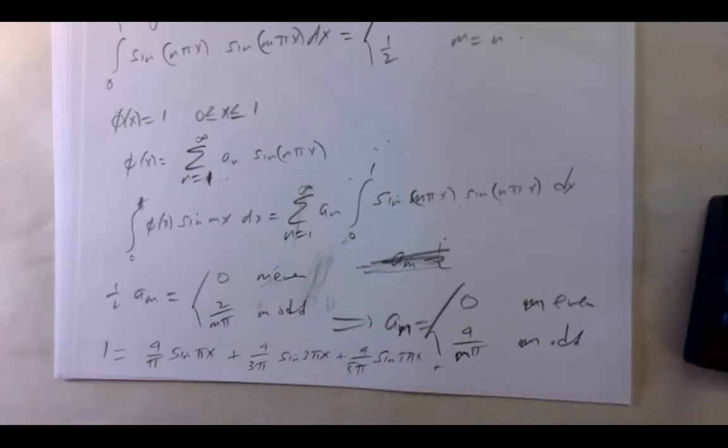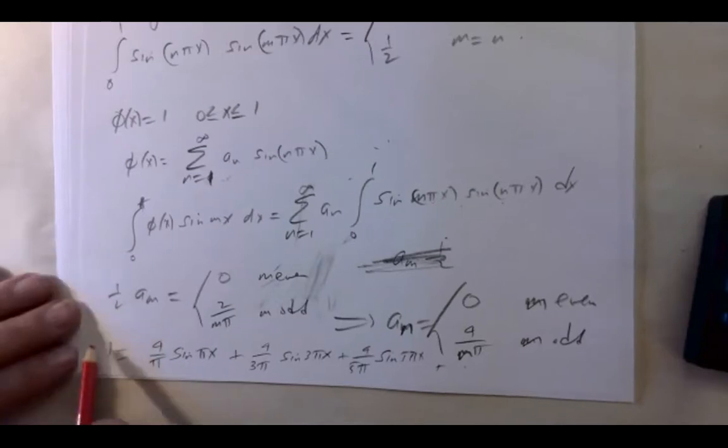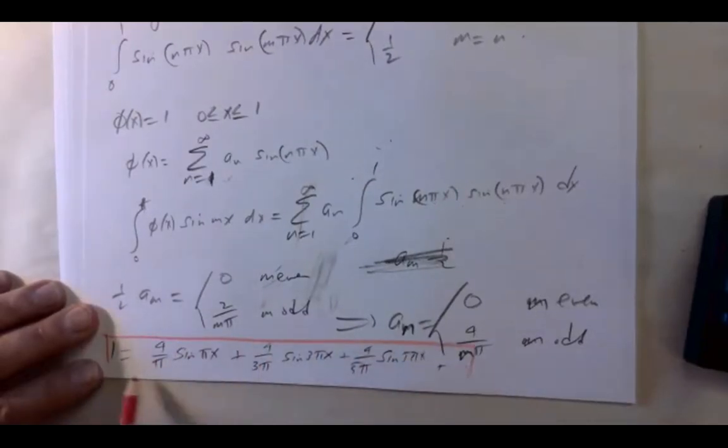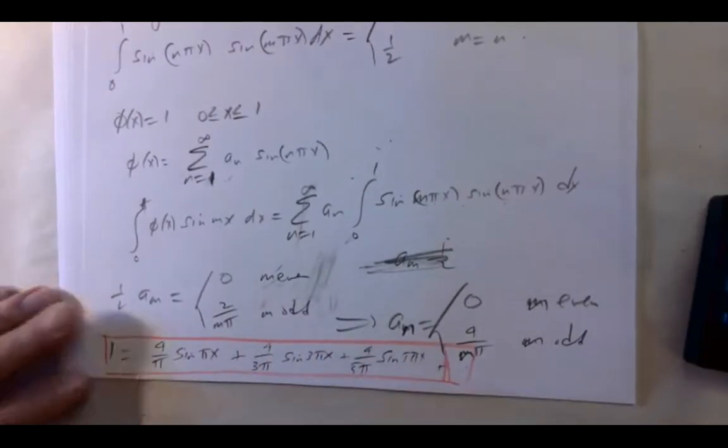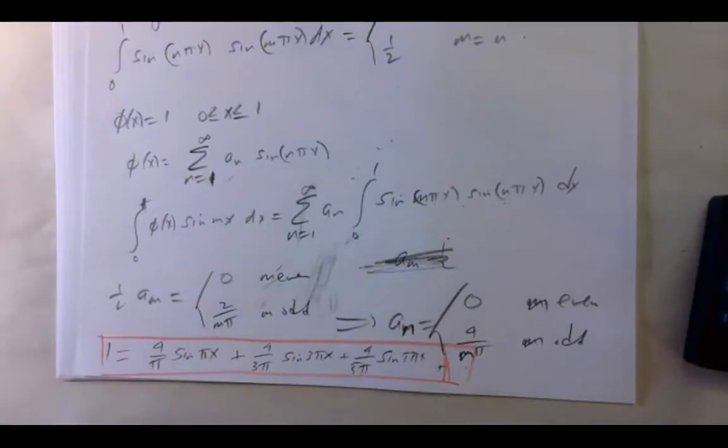So these are the first 3 non-zero terms of the sine series for the function 1.